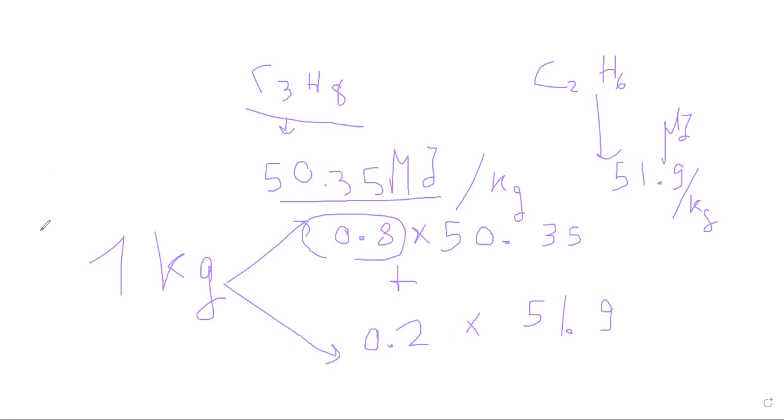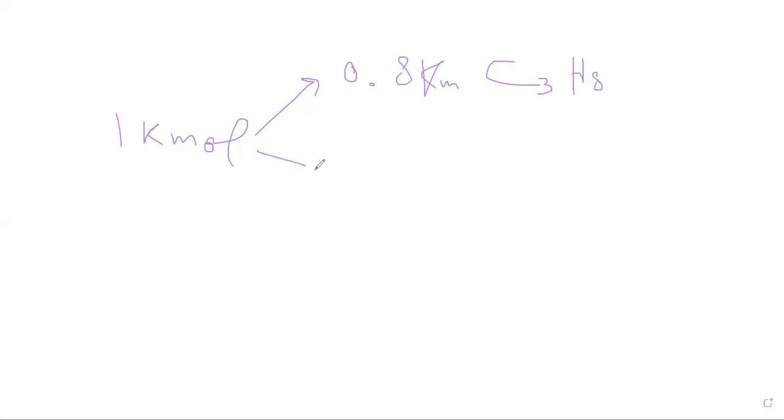You say the following. In case the percentages were in volume, not in mass, you say, if I have 1 kilomole of mixture, this 1 kilomole will contain 0.8 kilomole of C3H8 and will contain 0.2 kilomole of C2H6.